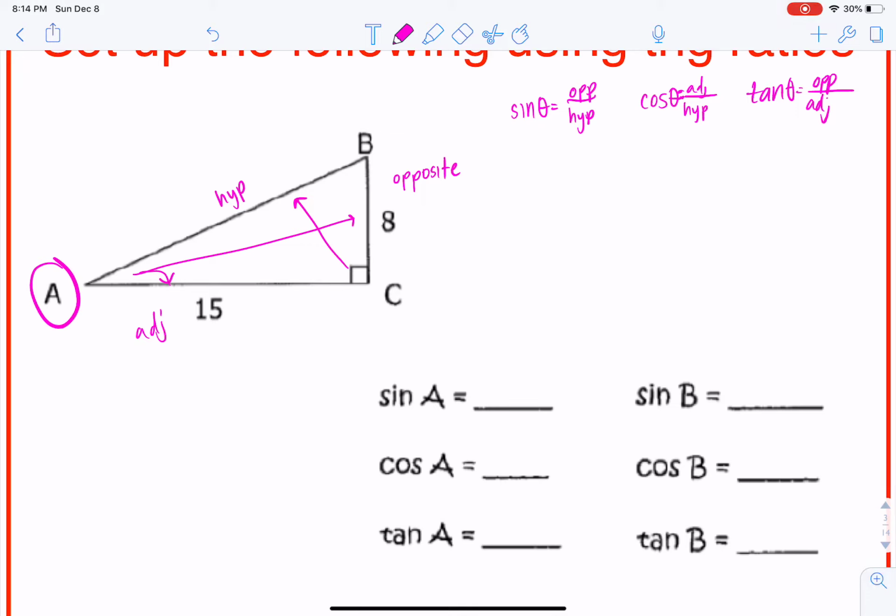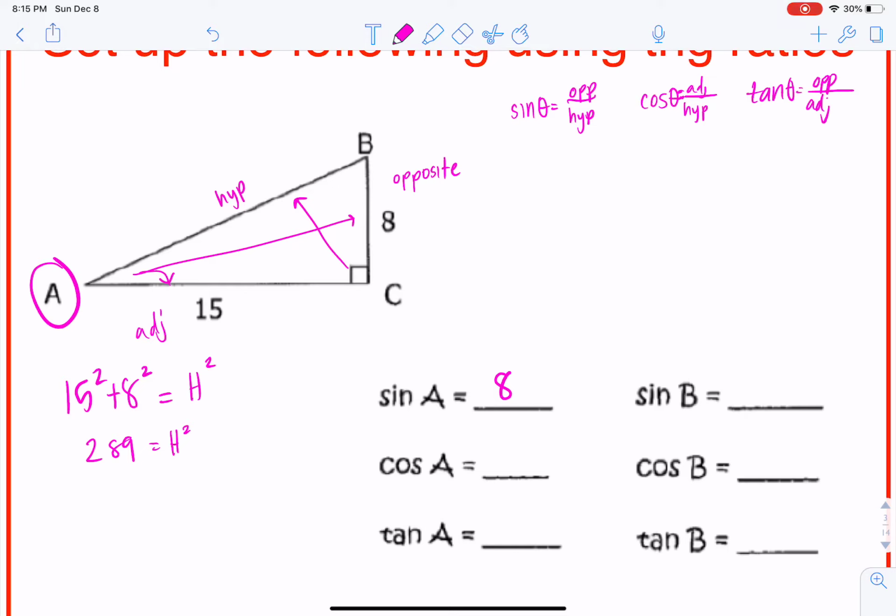So sine of angle A here will be 8, which is the opposite, over my hypotenuse, which I don't quite know yet. Let's take a look at this triangle. I can use my Pythagorean theorem. So 15 squared plus 8 squared is going to give me that h value there. 15 squared plus 8 squared is going to give me, I forgot my squared there, 289 is equal to h squared.